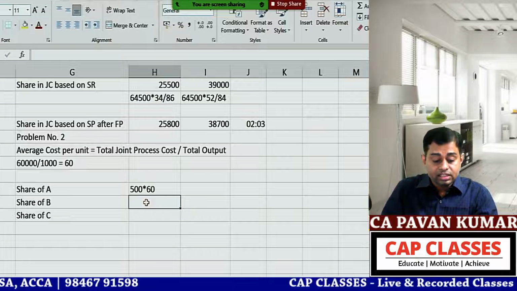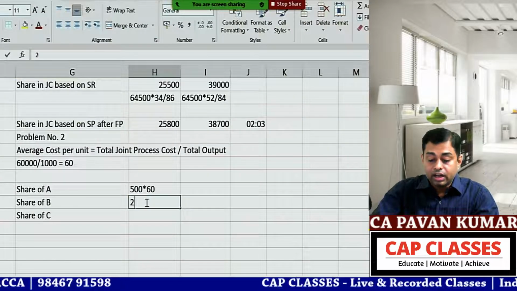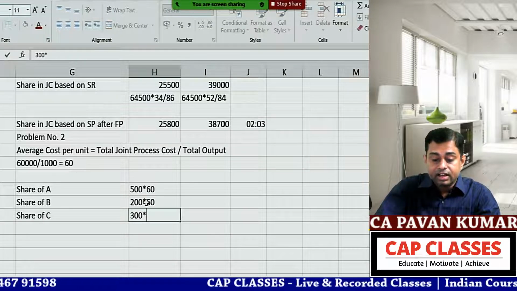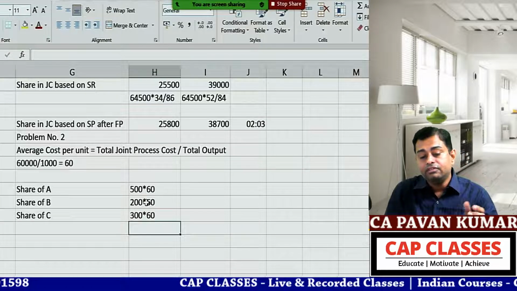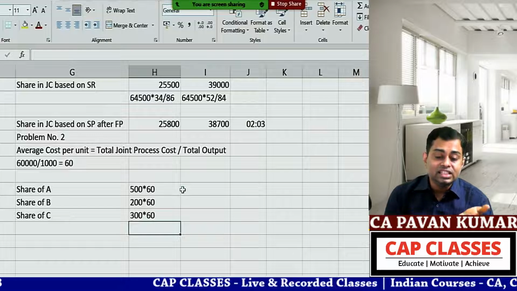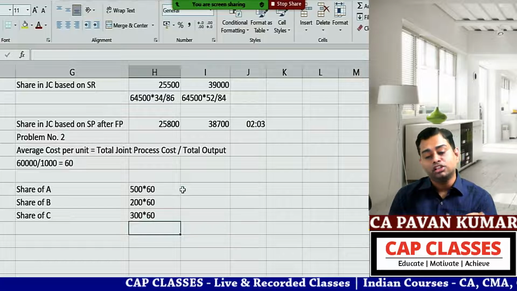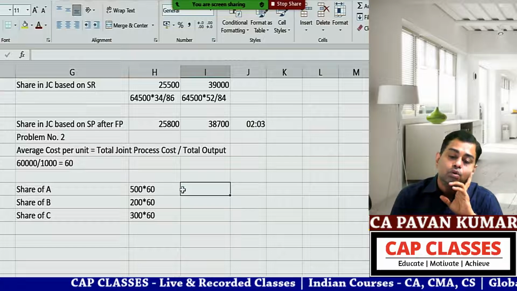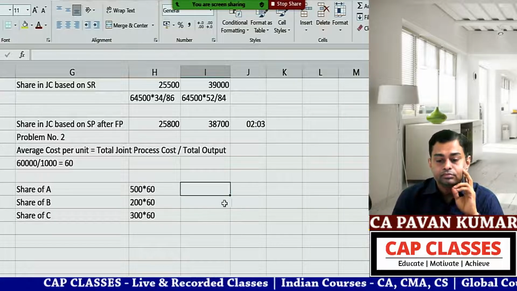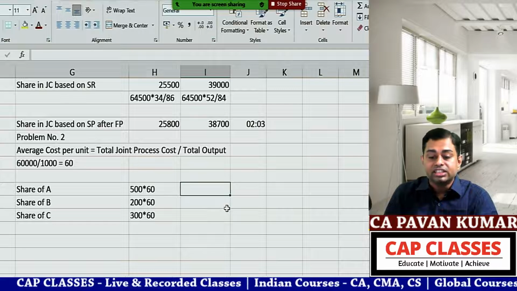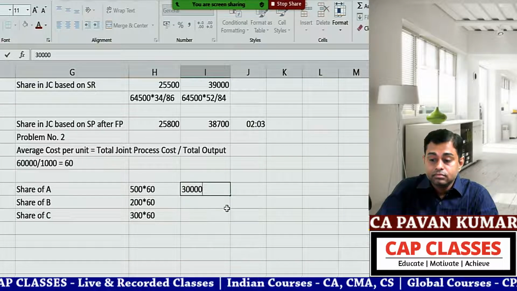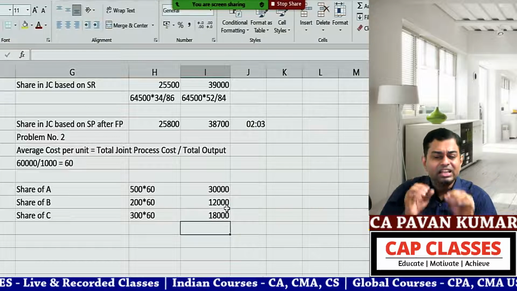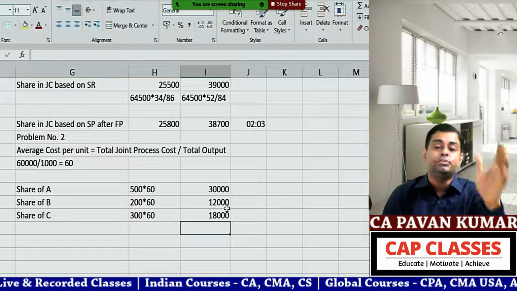Share of B is 200 into 60. Share of C is 300 into 60. Even if you apportion that on the basis of 5 is to 2 is to 3 also, you will get the same answer. So this is something similar to our physical quantity method only. So calculate and tell me, 500 into 60 how much? 30,000, 12,000, 18,000.